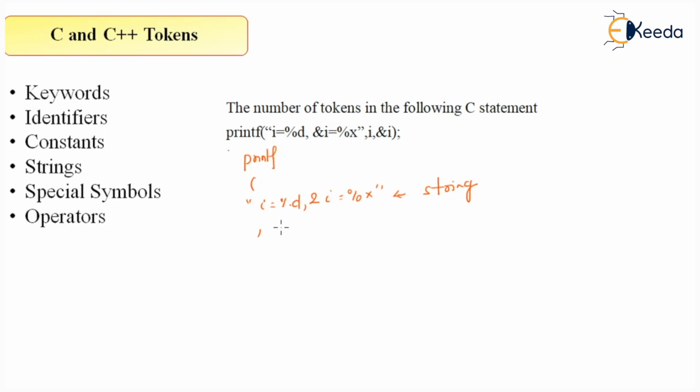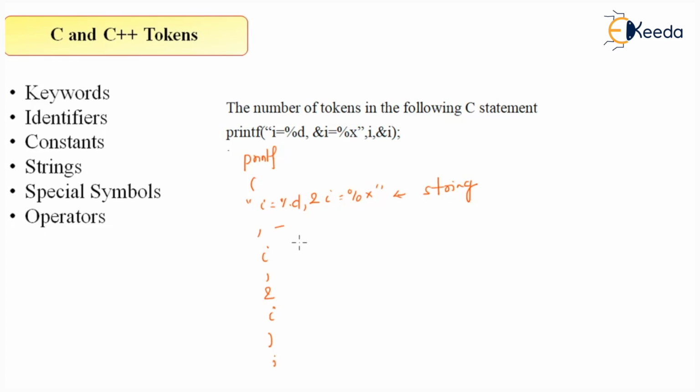Then there is a comma, a special character, which is a token. I is a token, then a comma is a token, and the ampersand is an operator, which is a token. I is again a token, then the closing bracket is a token, and finally the semicolon is a token.